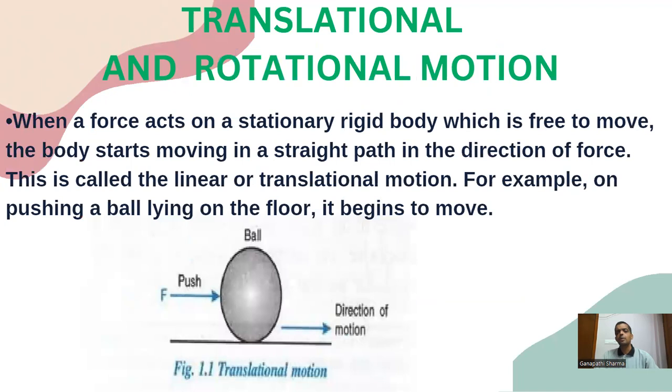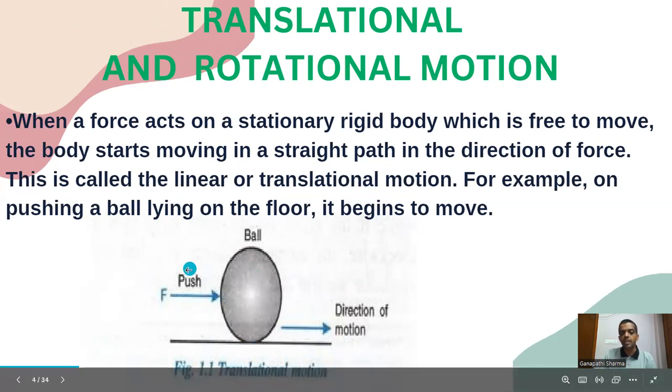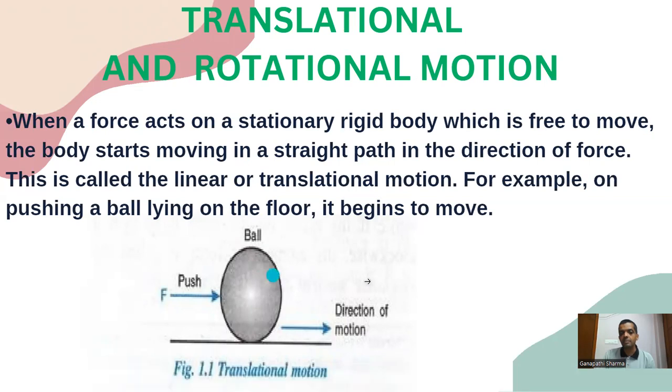What happens when a force is applied on a body? Body, in the sense, we are trying to speak about something called a rigid body. When a force is applied on a stationary rigid body, which is free to move easily, then it moves in a straight line path.